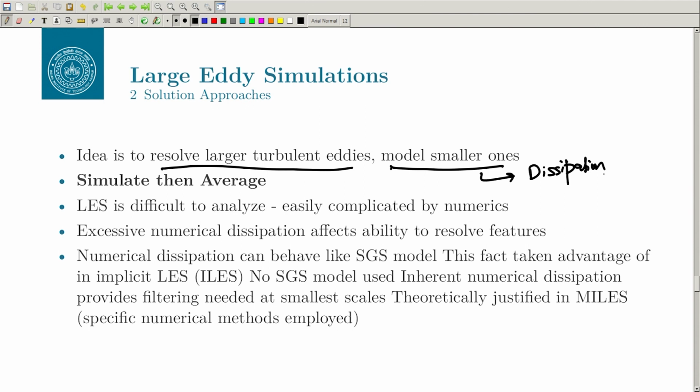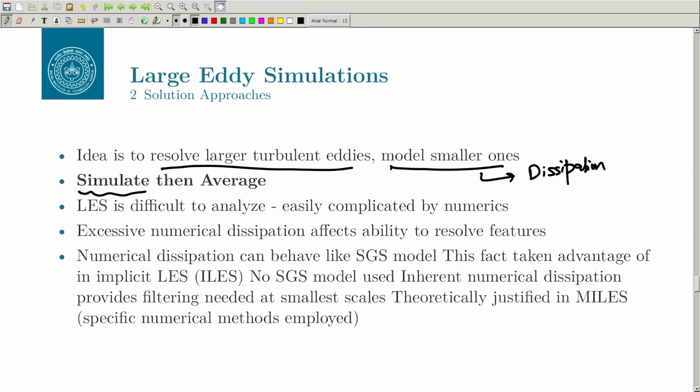In RANS, we first averaged and then simulated. Here we simulate using the Navier-Stokes equations, and in fact more accurately they are the filtered Navier-Stokes equations. The filter is there because if your grid size is above a certain level, it resolves only the eddies above a certain size. It filters all the eddies smaller than that scale and puts some kind of model there.